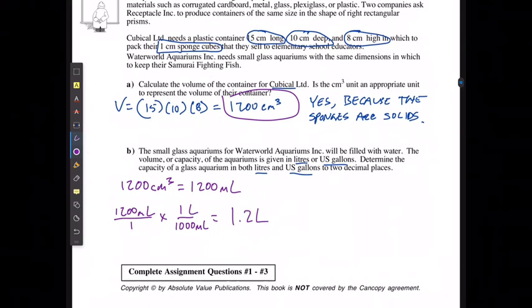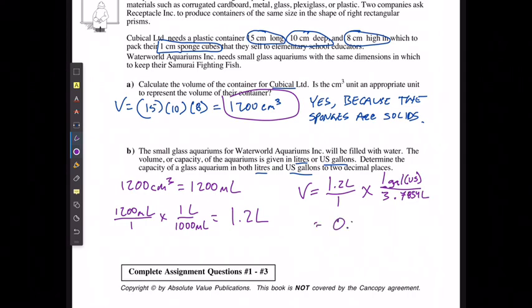So I'm going to say that the volume of 1.2 liters over 1 is going to get multiplied by 1 US gallon divided by 3.7854 liters, or 0.32 gallons. Remember, this is US gallons, not UK gallons.